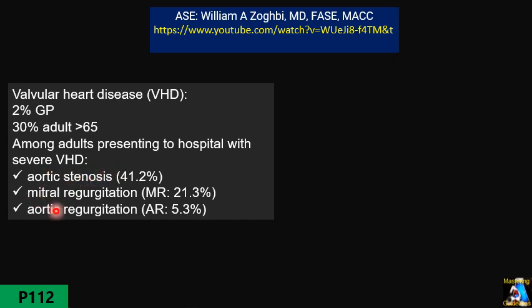After that, mitral regurgitation, 20 to 30%, depending on the country. And after that, aortic regurgitation. Mitral regurgitation is about 2% in the general population, but with increasing age it goes up to 10% in people above 75 years, most of them because of degenerative disorder.